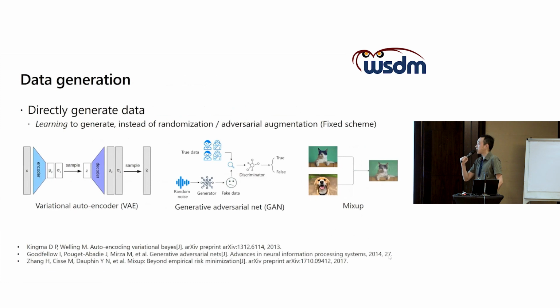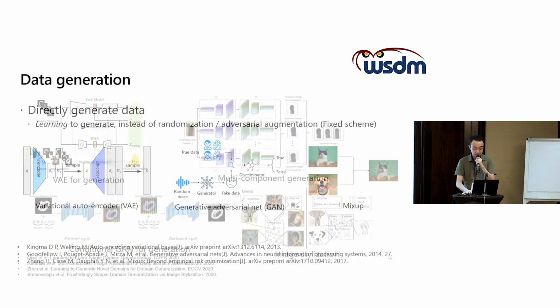For example, we can utilize generative models such as VAE and GAN-based methods to generate novel data, and utilizing this novel data during the training phase helps us improve the generalization capability of our model. Besides, one can also apply the technique called mix-up, which is also found to be quite effective for generalization capability.